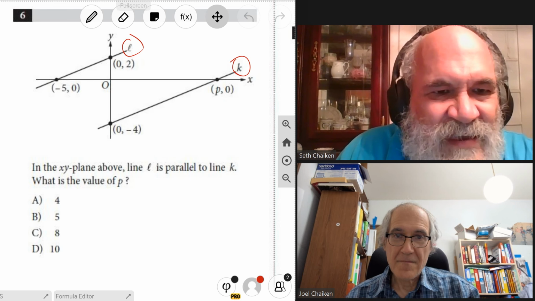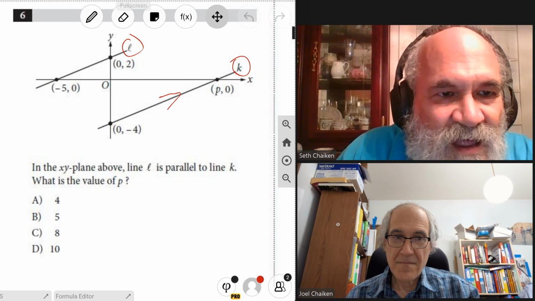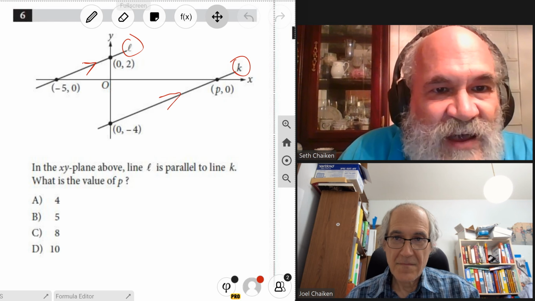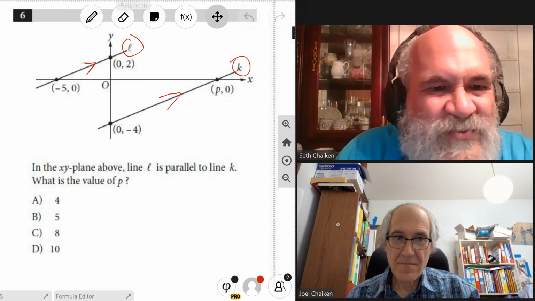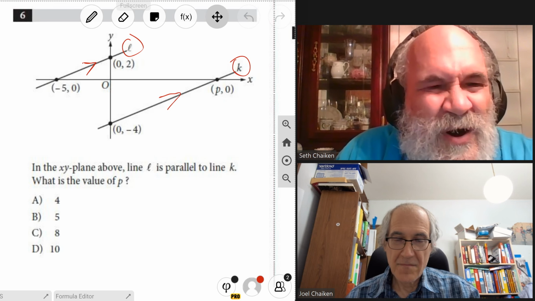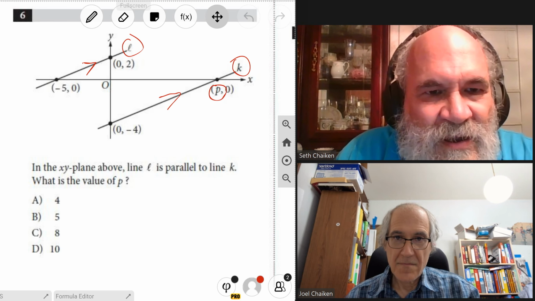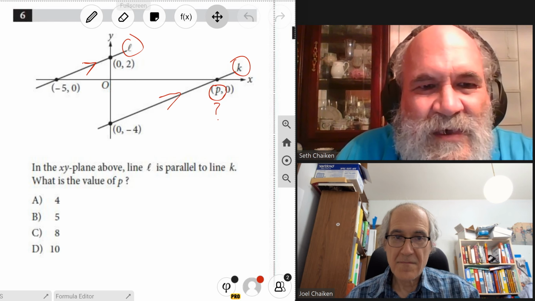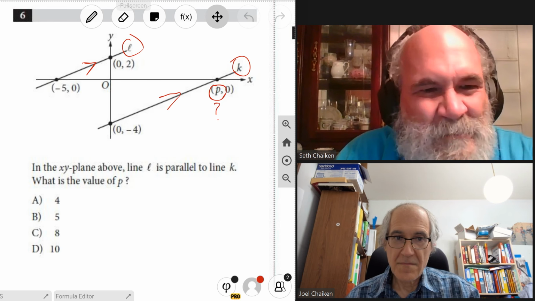The data of the problem says that line L and line K are parallel. The other information about the lines is given by the coordinates of four points, except for P. So the question is, what is the value of P?